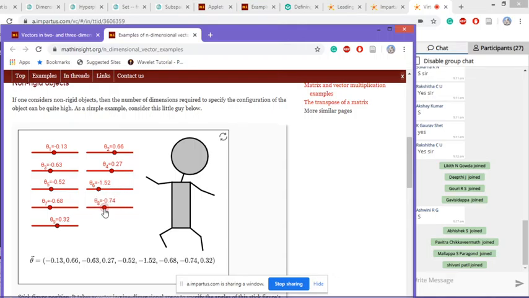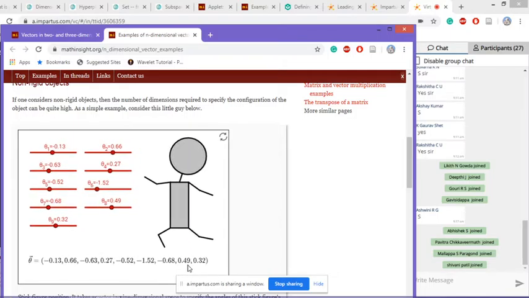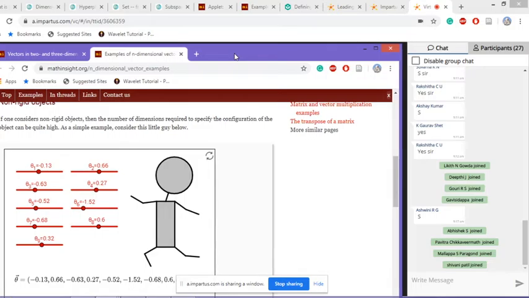If I take this, you see this eighth vector here, that is 0.49. Now it is on the positive axis. Now if I bring this back to 0, this is the vector say x in one direction, and it has another vector which is unique in the other direction, that is in terms of minus. So when you add these two, what do you get? The resultant is 0. So that is what it means here.